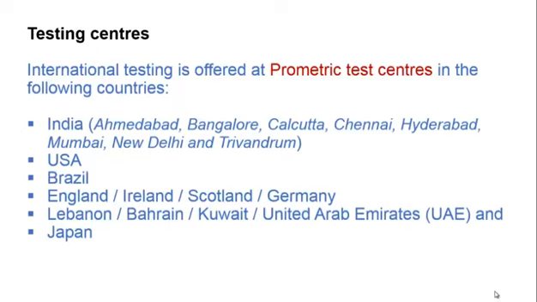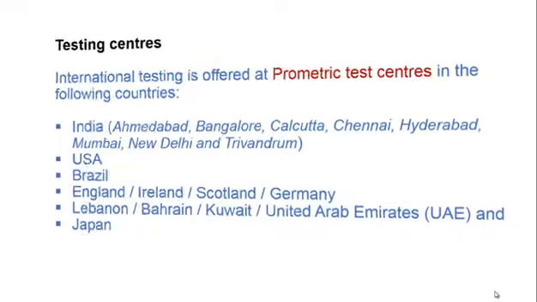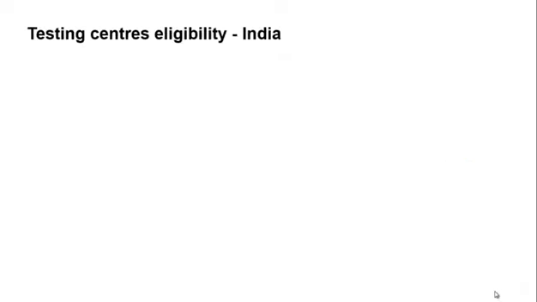Apart from India, there are obviously locations within the United States and other locations internationally, namely Brazil, England, Germany, Japan, and also Dubai, where students can look forward to taking the exam.